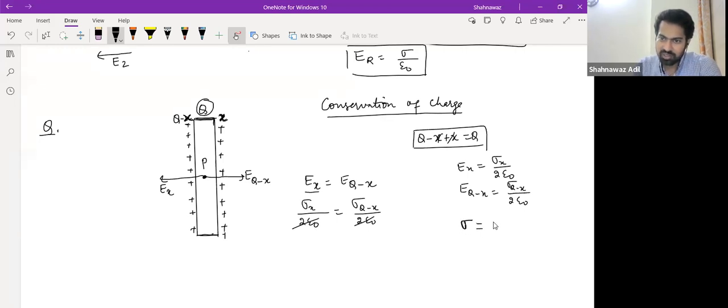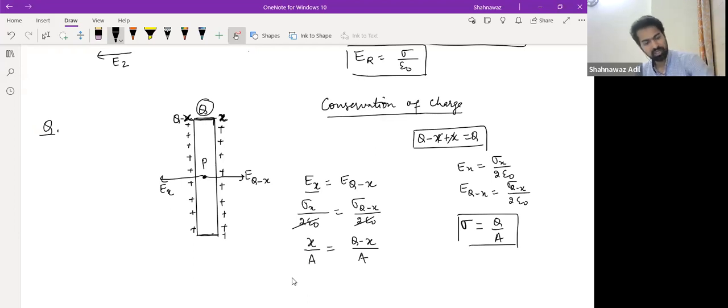Surface charge density, Q by L. Right. So here what is charge? Charge is X. Area, let's say this is A. For sigma, charge is Q minus X. Area is the same.